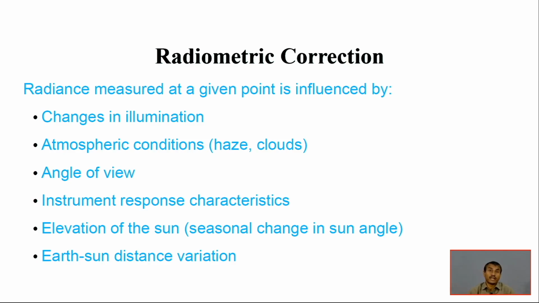Instrument response characteristics are very important in the context of remote sensing, because of the life of sensors. That is why, at different time intervals, we should recondition our sensor and standardize our sensor response system, so that we can easily understand the response of the sensor under the given illumination conditions.